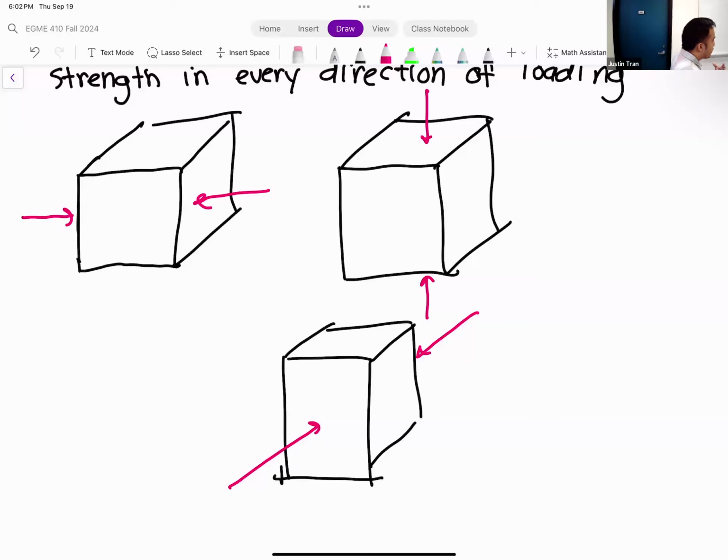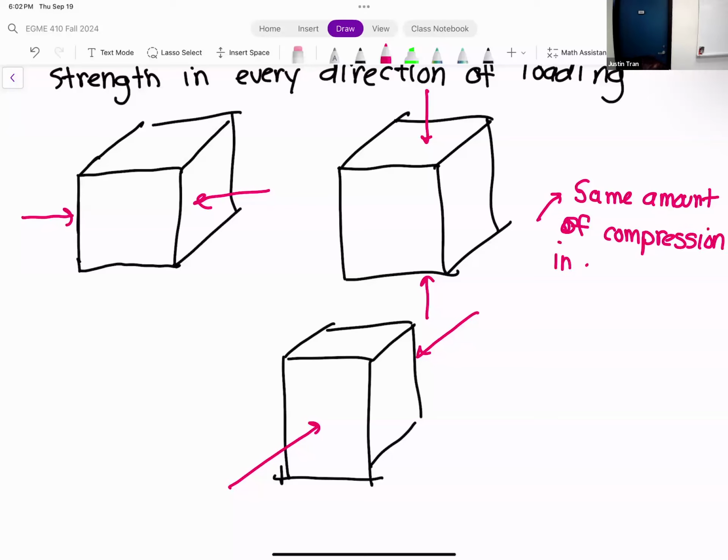It doesn't matter which way we load it. You're going to get the same amount of compression in each of these situations. Okay. Or an isotropic material.